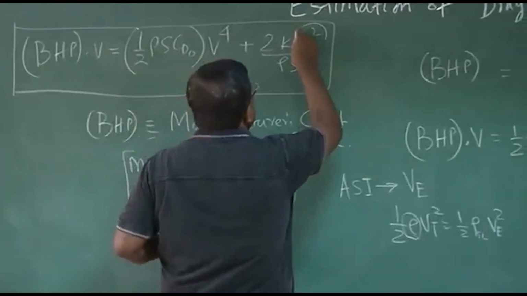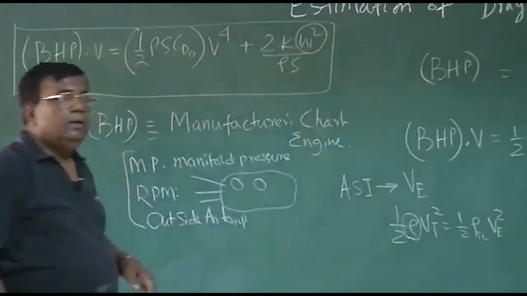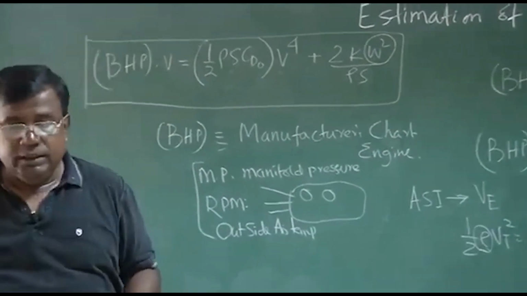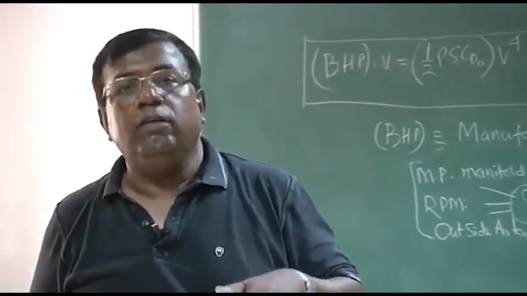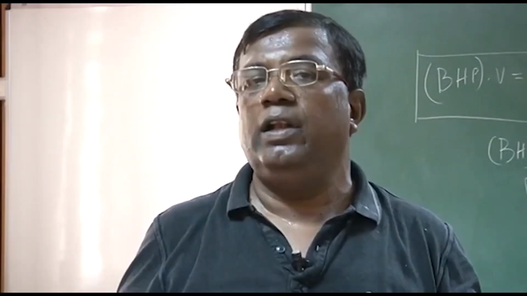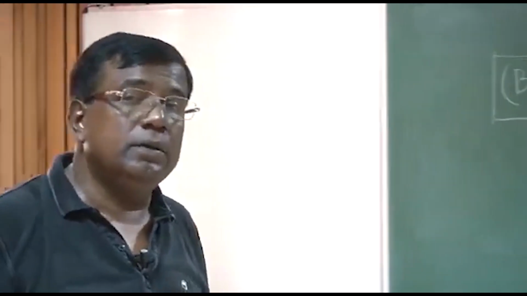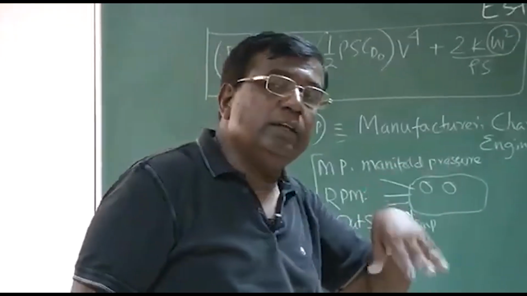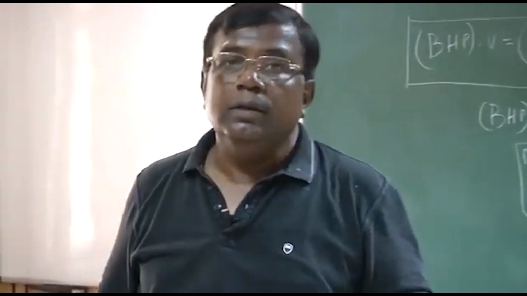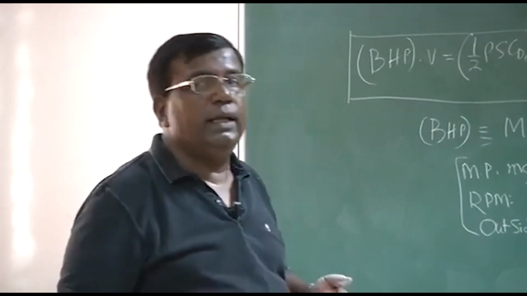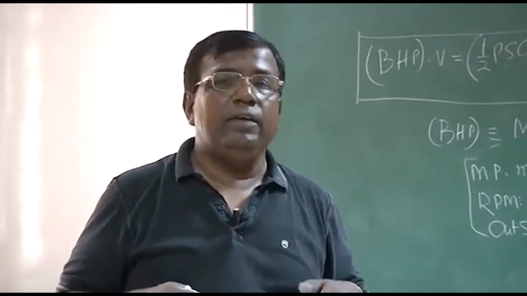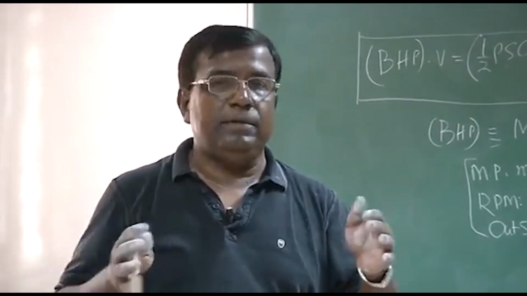The other important thing is W, weight. The issue with the weight is, when I go for takeoff, I take the weight of passengers, fuel, etc. But when I'm cruising, some fuel is consumed, and fuel is continuously getting consumed. So which weight should I take? The best way is, when I do an experiment, I find out how much time has elapsed.